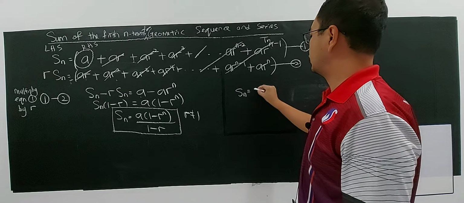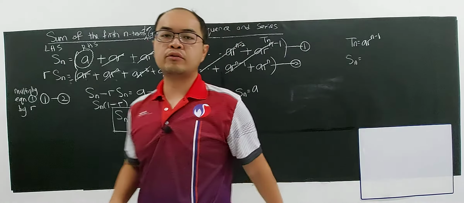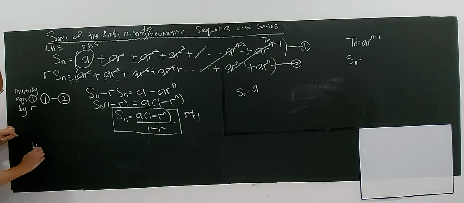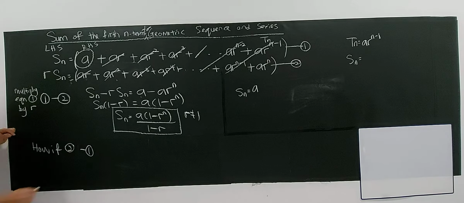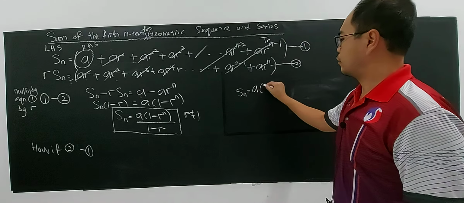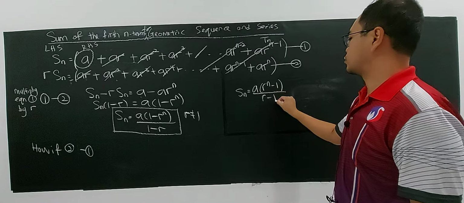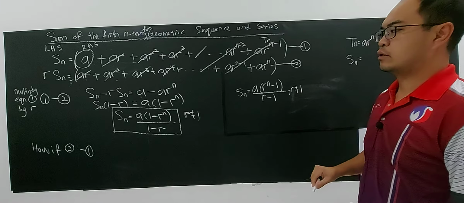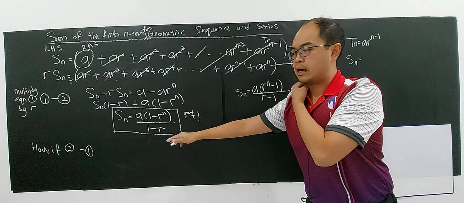Sn equals to A. If you take 2 minus 1, you can try, okay? How if you take 2 minus 1? This formula will be in this form. It will be Rn minus 1 over R minus 1. Okay? So R cannot be 1. So it's either one, you can use, okay?